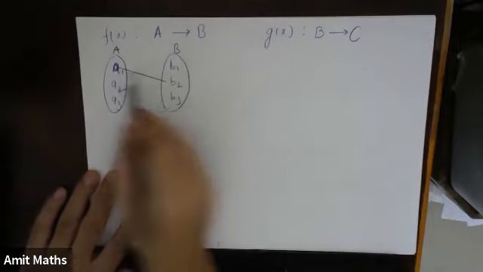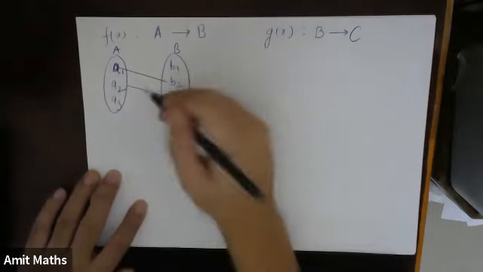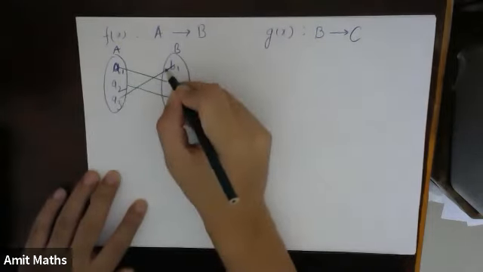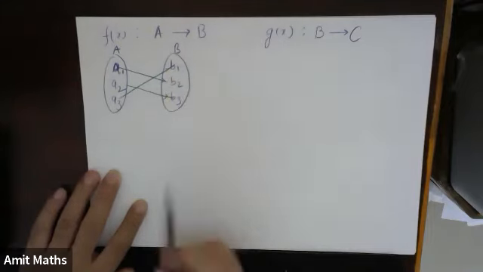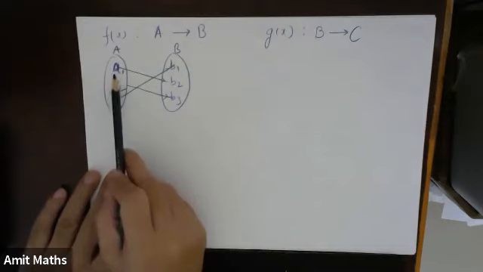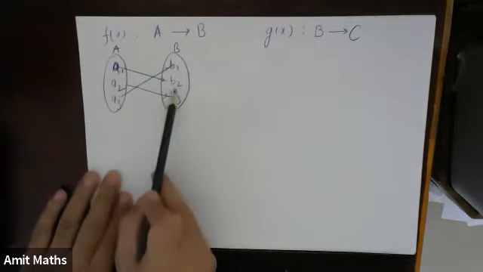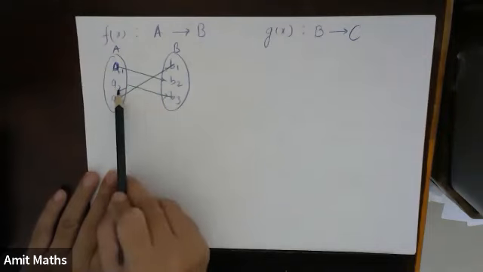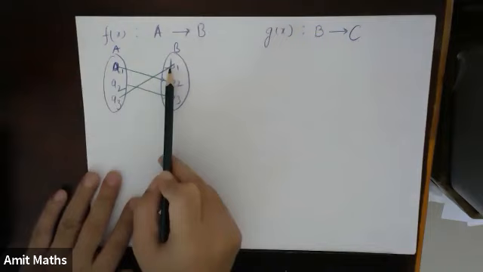Random mapping: A1 gives output B2, A2 gives output B3, and A3 gives output B1. So when I give an input of A1, the first function gives output B2. For A2 input, it gives output B3, and for A3 input, it gives output B1.